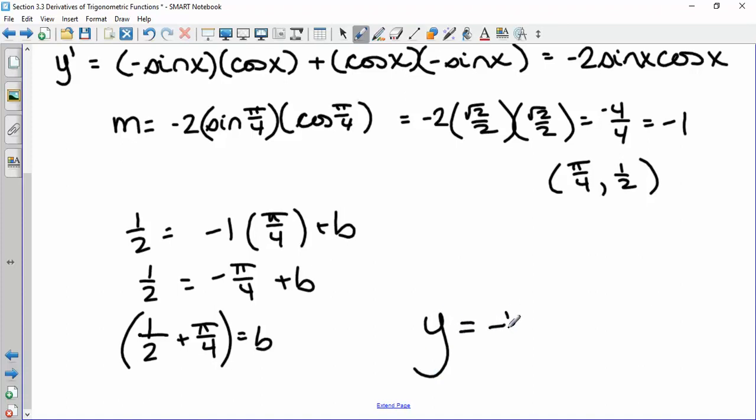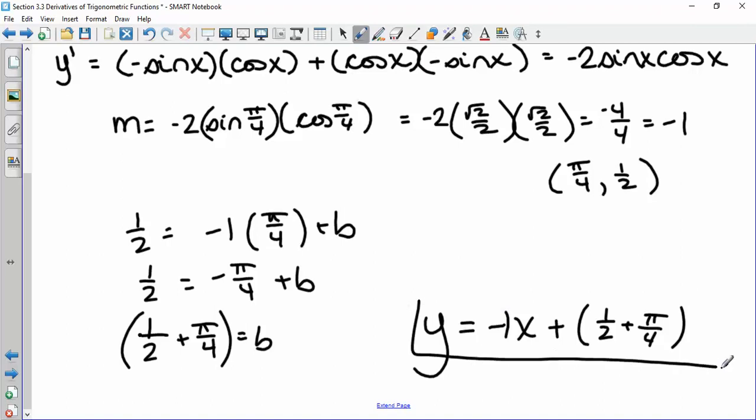So the equation is y equals m, so negative 1 x plus b, which is our 1/2 plus pi over 4. A little uglier than our typical line, but it'll work. Any questions there?